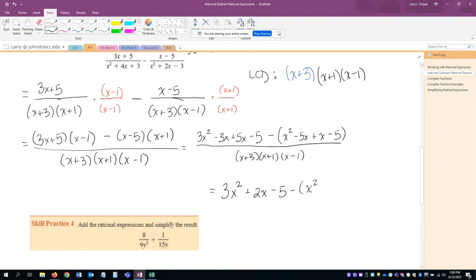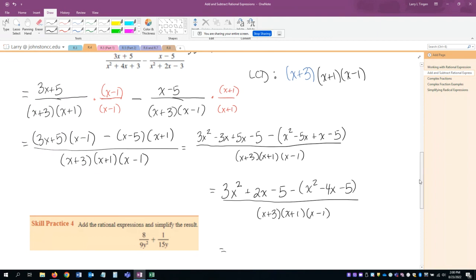And in the middle here, I have negative 5x plus x, which is negative 4x, and minus 5, all divided by x plus 3 times x plus 1 times x minus 1.